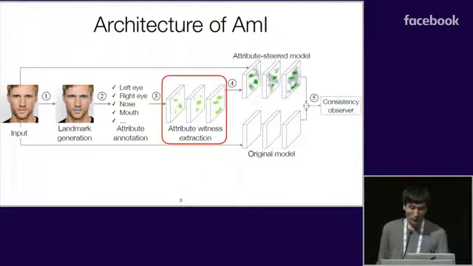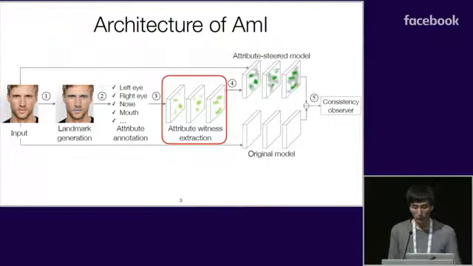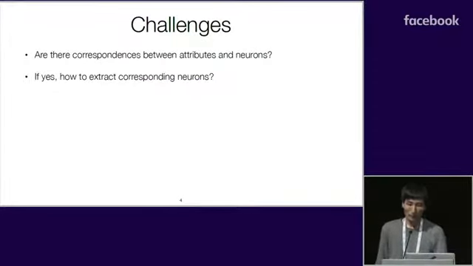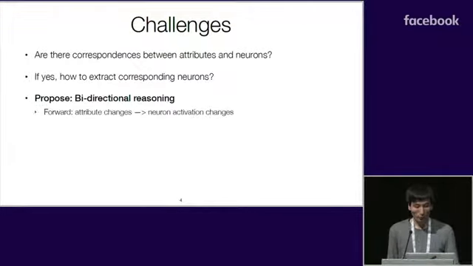The hardest part is how to extract attribute weaknesses. Is there any correspondence between the attributes and the neurons? If yes, then how do we extract these neurons? We propose bidirectional reasoning. That is, for the forward reasoning, we change the attributes and observe whether the neuron activations change.